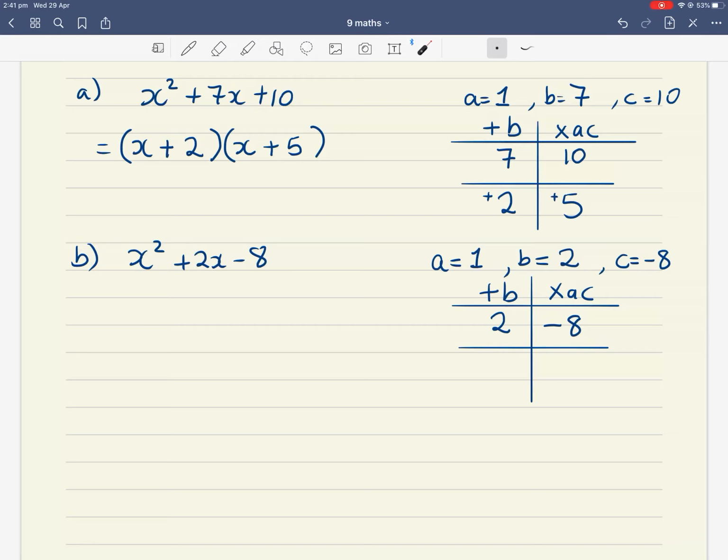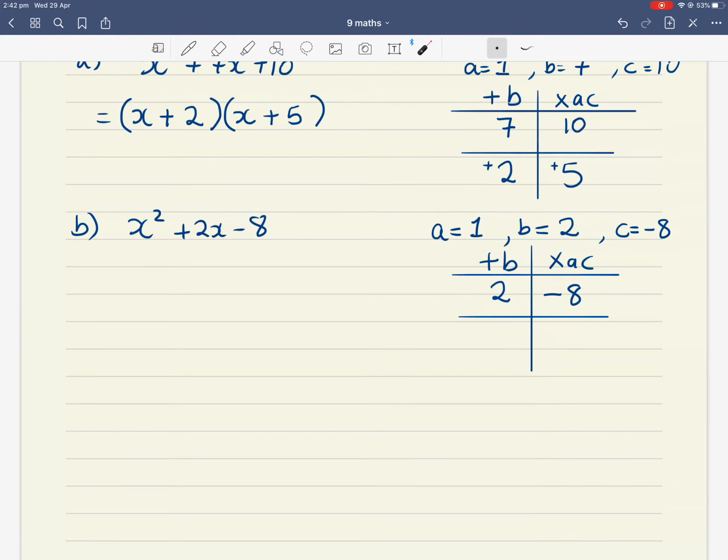So now you're thinking, I need 2 numbers that add to become 2 because it's plus B, and I need those 2 same numbers to multiply to become negative 8 because it's times AC. So what 2 numbers add to be 2 and multiply to be negative 8?